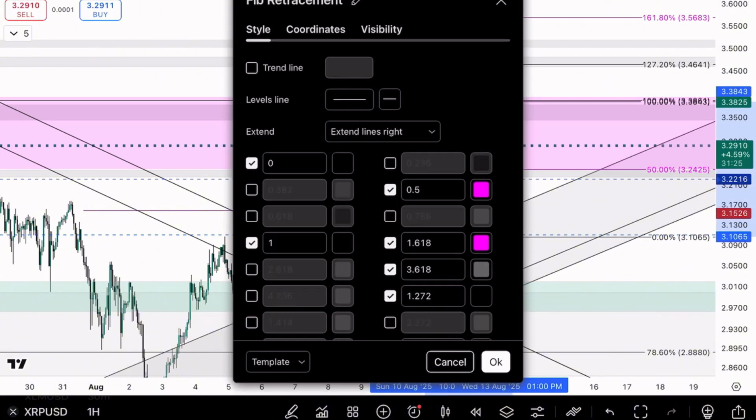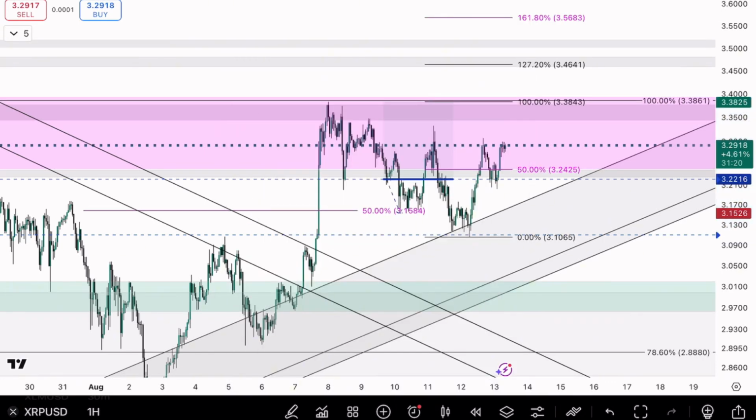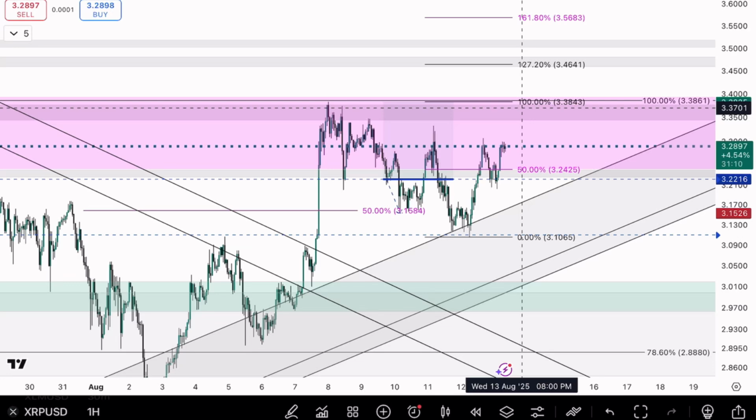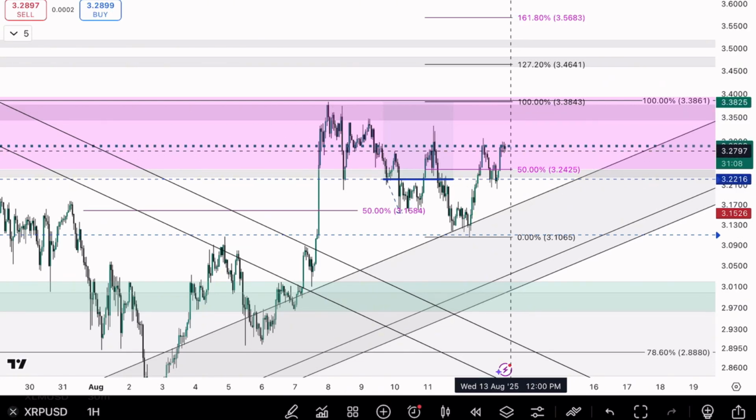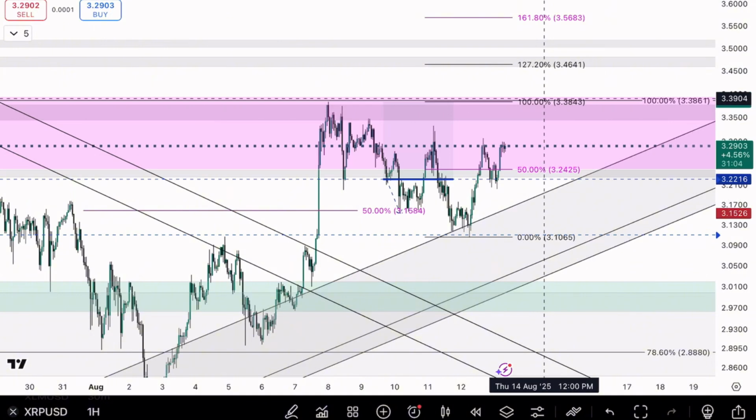I'll take the extension off, and I would think it is going to bounce off of this 50 and go back up to here. Doesn't mean it will, but I'm thinking it's going to bounce and then just go right up here.